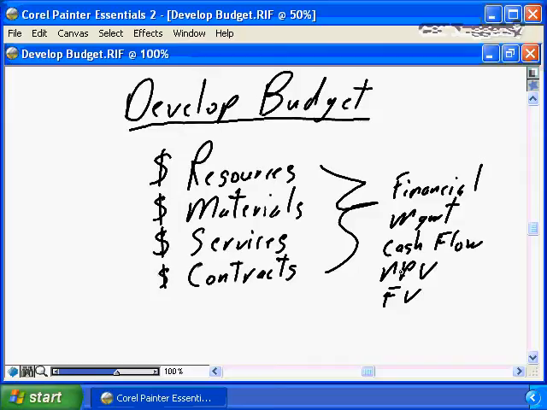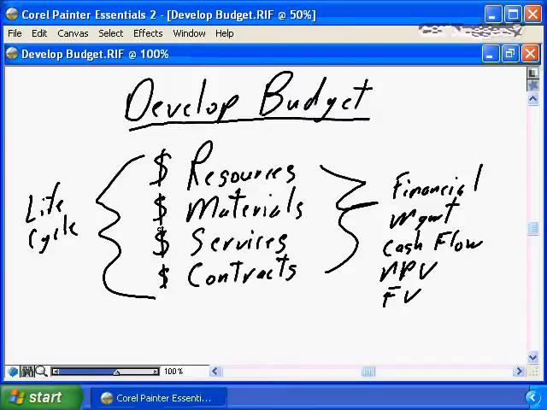And the key is you need to ensure you're addressing all of the financial budgets, that you're looking at the total life cycle. Not just the dollars directly associated with the project, but the dollars associated with purchasing any ongoing products and services, the ongoing support, any other issues involved with your organization with maintaining the life of the results of your project once it is completed and put into production in your business itself.